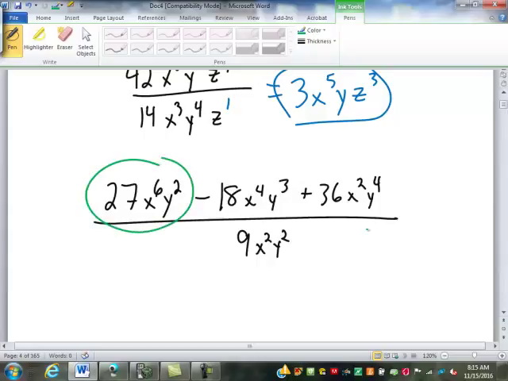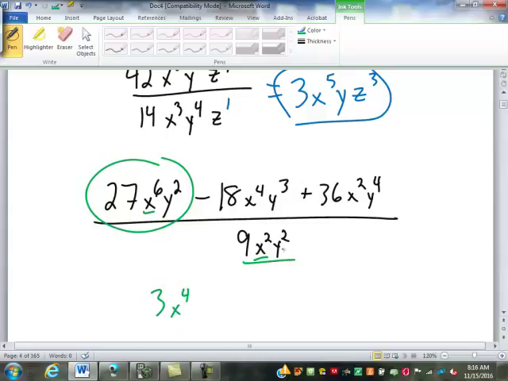So 27x to the 6th y squared divided by 9x squared y squared. 27 divided by 9 is 3. X to the 6th divided by x squared is x to the 6 minus 2, which is 4.